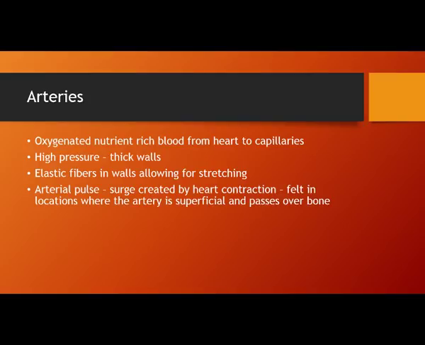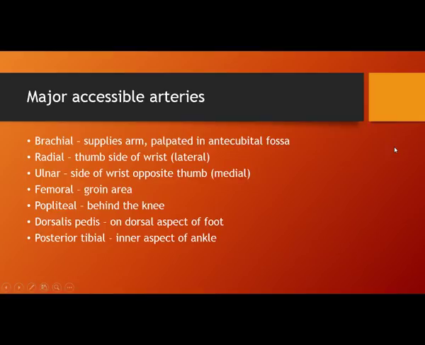And the places where we're going to be able to feel it are where the artery is close to the surface and passes over a bone. There are a few more pulses besides these, but these are the ones we're going to be talking about in this chapter.